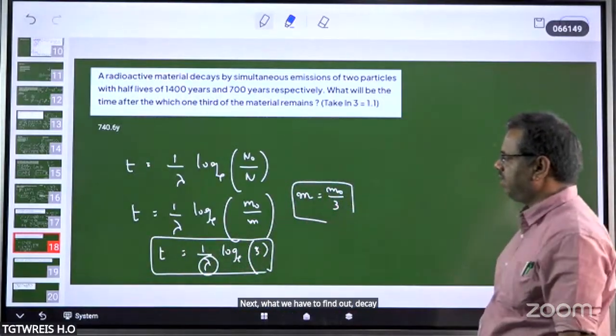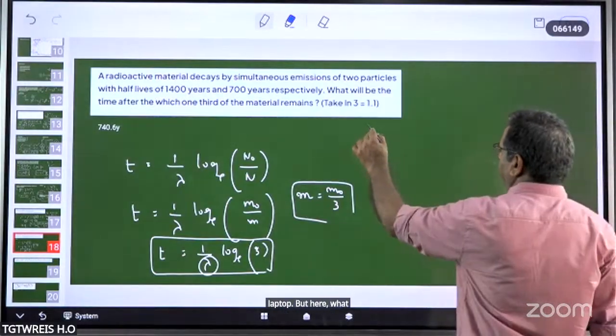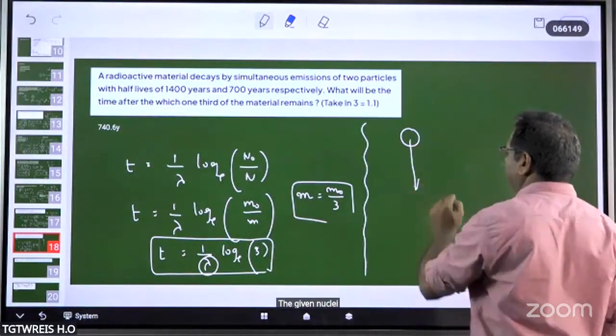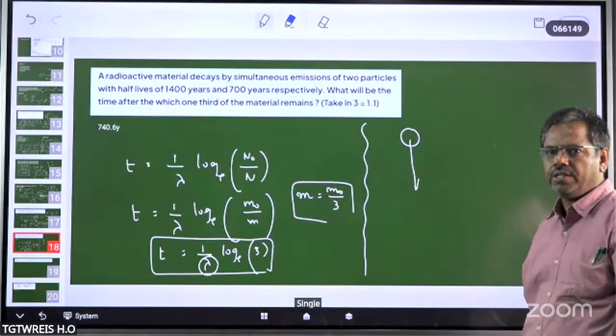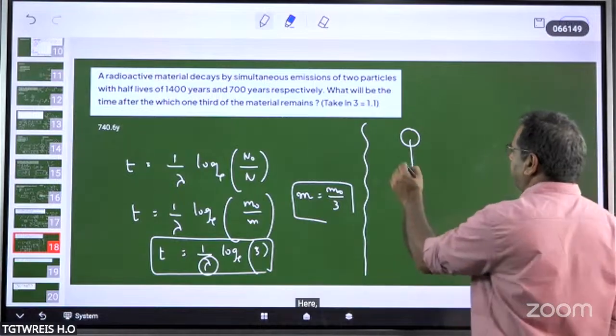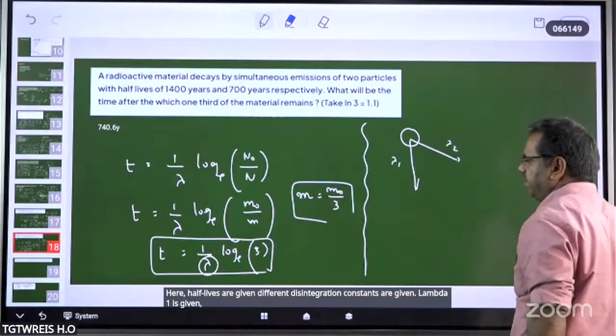The decay constant lambda. But here, what is happening? The given nuclei are not disintegrating with a single disintegration constant. Here, half-lives are given, different disintegration constants are given. Lambda 1 is given, lambda 2 is given.